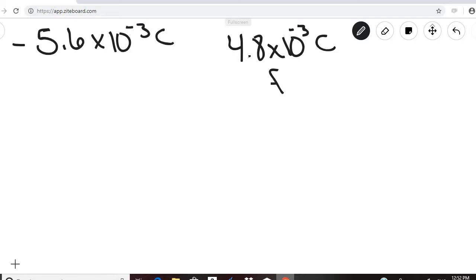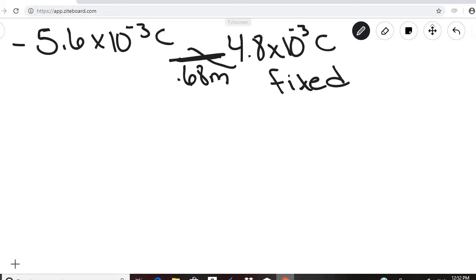So this is the fixed charge. And these two charges are 68 centimeters apart. So that's going to be 0.68 meters from each other.